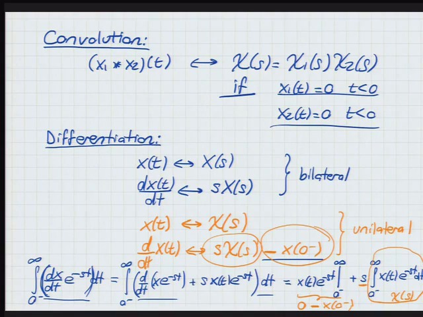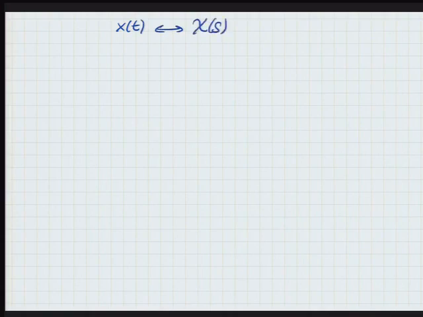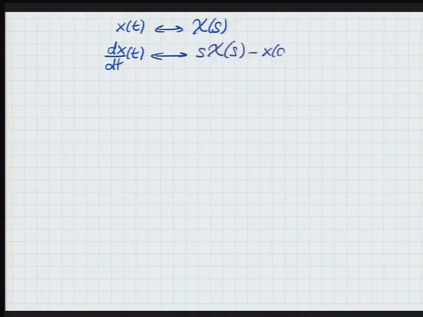But before, let's generalize this property just by induction, really. So if x of t gave me a unilateral Laplace transform curly X of s, then I just argued that dx/dt of t will give us s times X of s minus x of 0 minus.